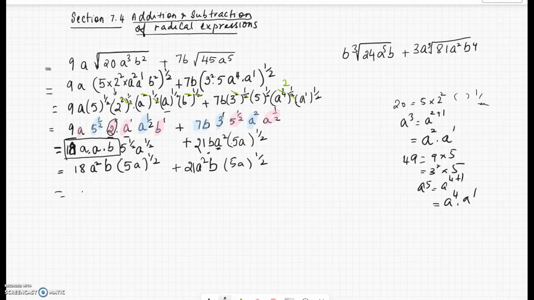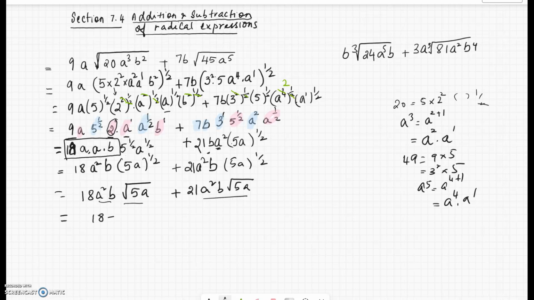So this is equal to 18a squared b radical 5a plus 21a squared b radical 5a. Radical 5a is a common factor. A squared b is also a common factor.